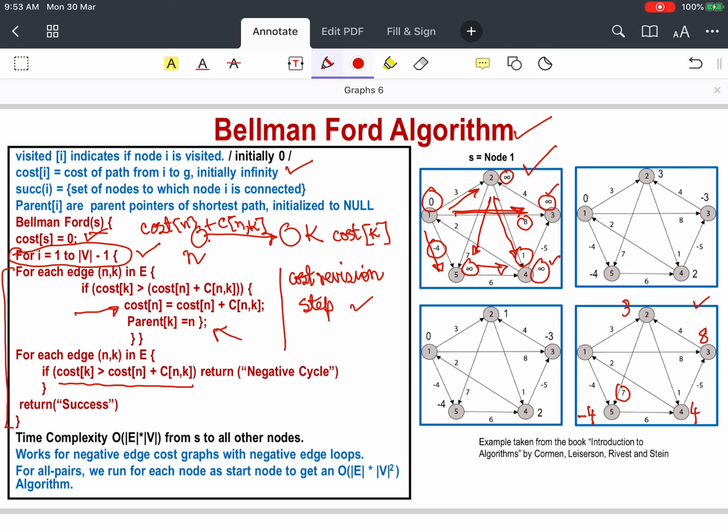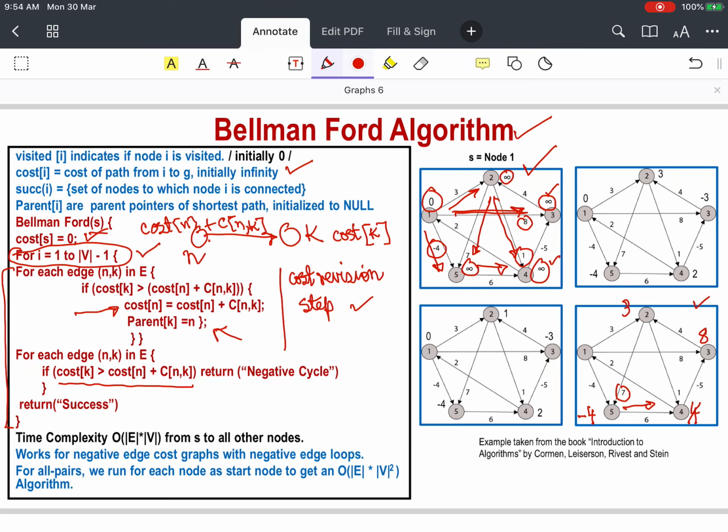Next, let us say we come to this edge. We know that for the edge 5 to 4, the cost of node 5 is minus 4, and the edge cost is 6. Therefore, the path from this to this brings a new cost of 2.